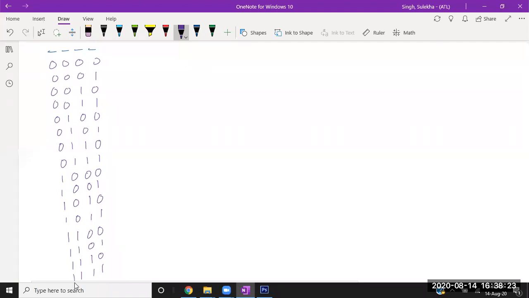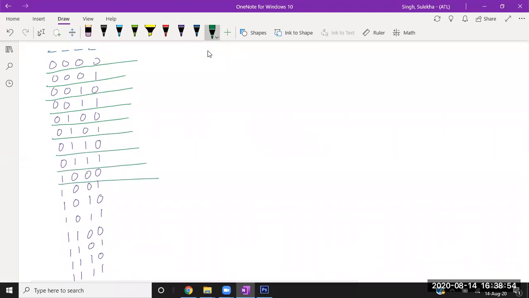Okay, so if I talk about 4-bit representation, these are all the possible combinations. With these combinations, I can represent numbers from 0 to 15 in the decimal number system.